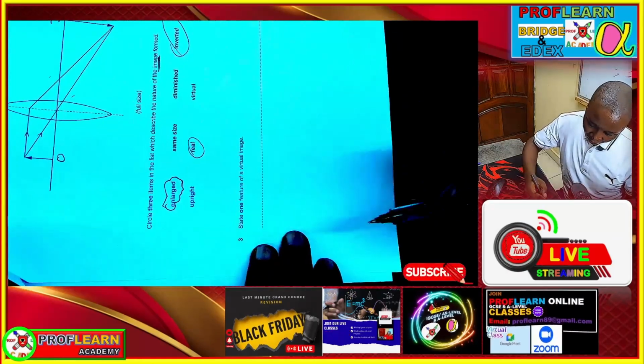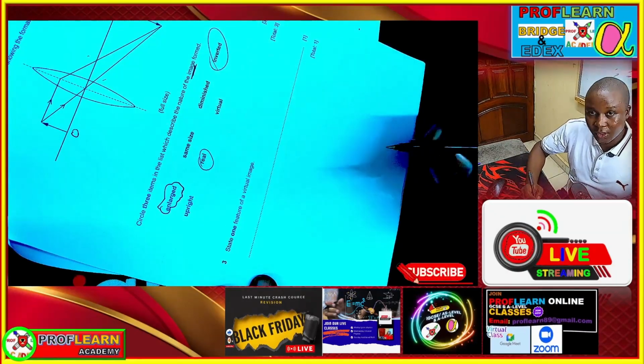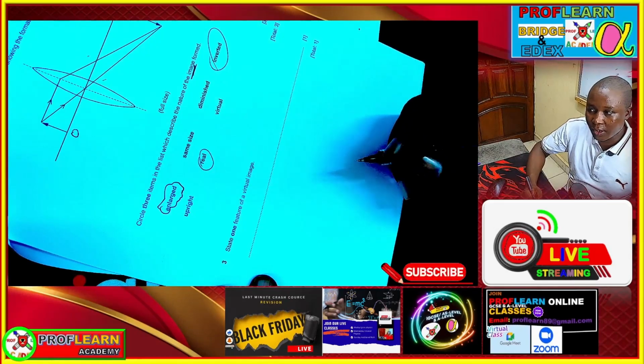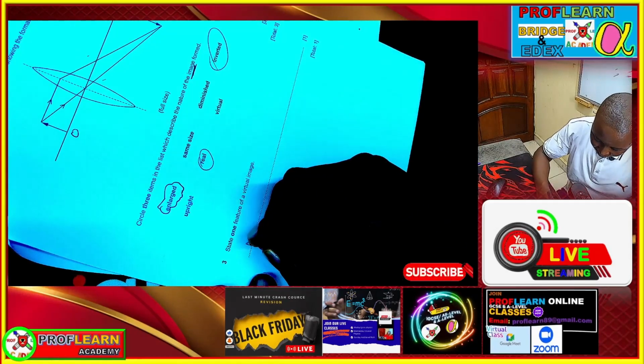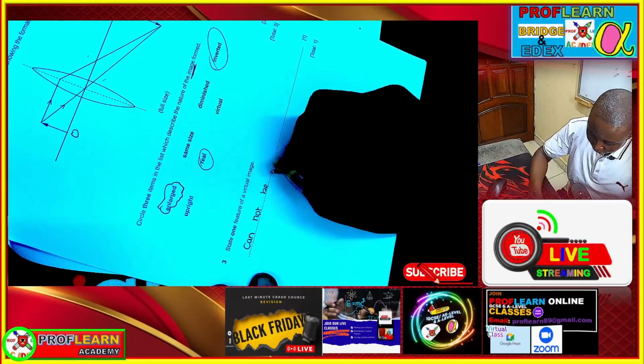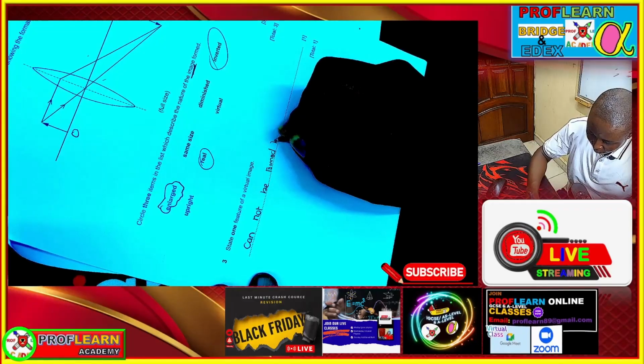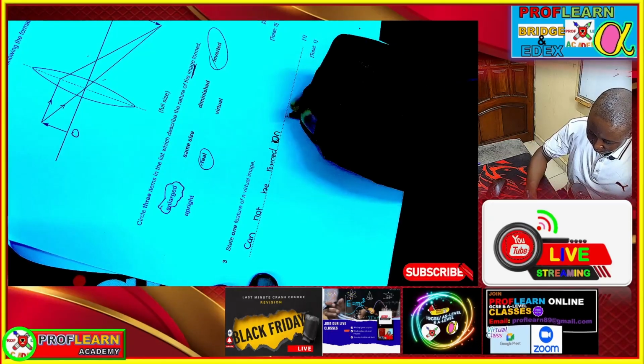State one feature of a virtual image. One of the features we are going to say is that it cannot be formed on the screen.